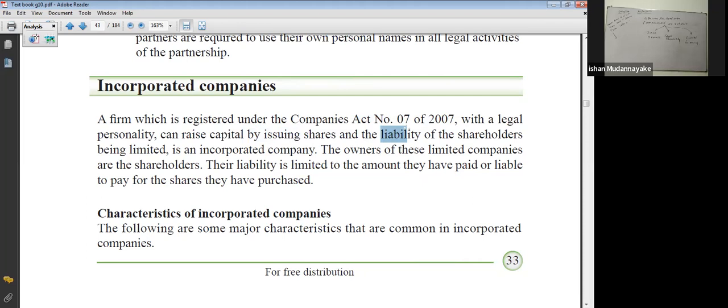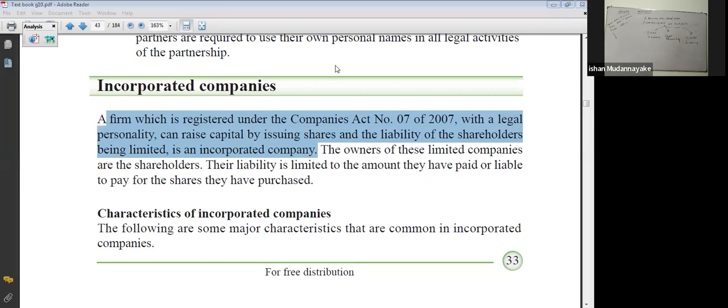No need to write the exact answer, but you need to include the important characteristics. Clear? Okay then.